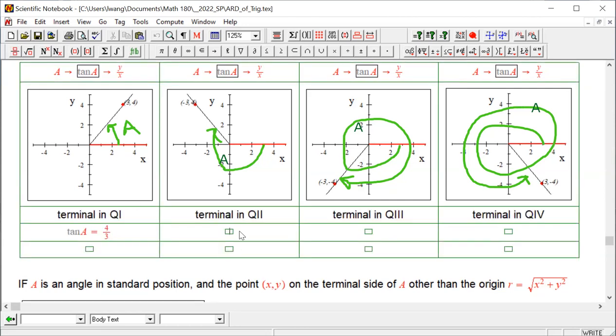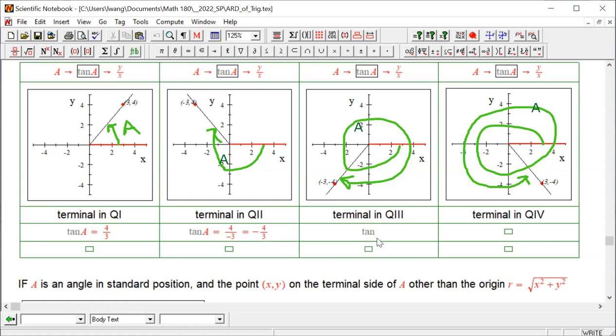And in the second quadrant, for this particular angle, tangent A is going to be 4 over negative 3, which is negative 4 over 3. You don't have to convert this improper fraction. We can just leave it, that's fine.